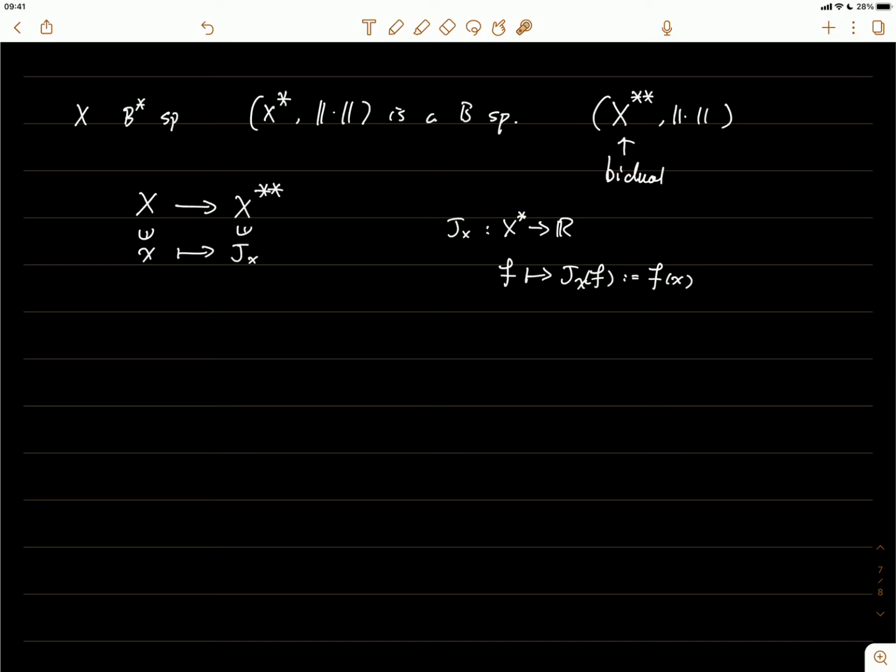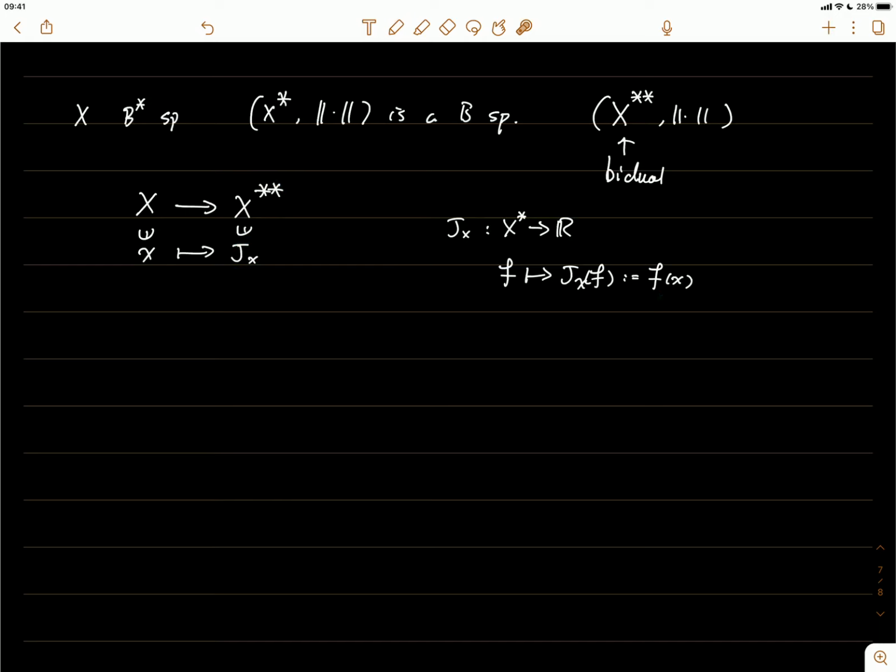So once we choose this x, we get Jx as a mapping from X star to R, simply taking any bounded linear functional f in X star and evaluating it at the point x. This is probably the simplest kind of mapping from X to X double star. So for every x in X, there exists such an element in the Bidual.